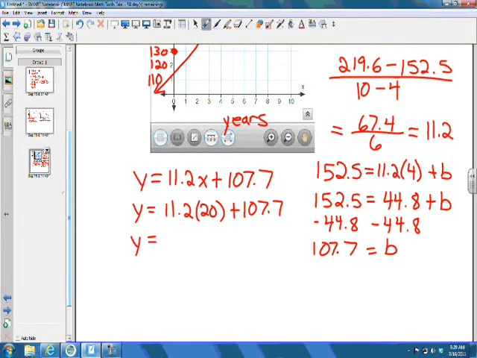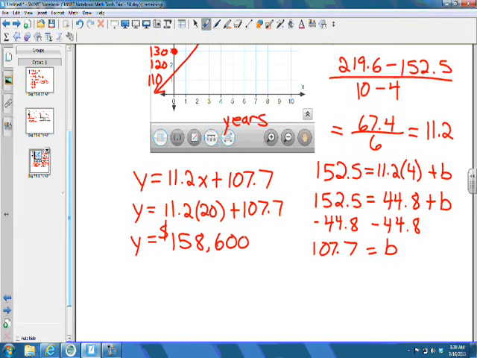So that's all you have to do is plug that in. And get your value. Somebody tell me what we would expect the house to cost. 158. Yeah, it should be way higher than that.